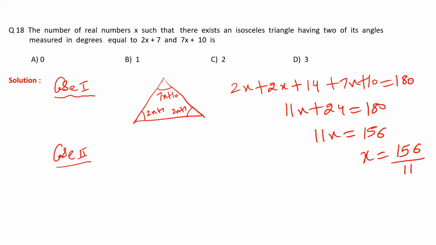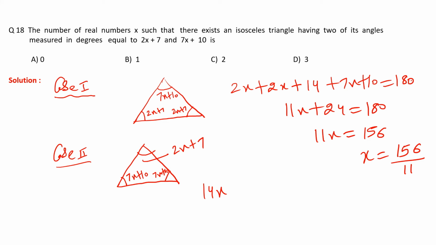Now, the second case can be when both of the equal angles are 7x plus 10, and the third angle is of the measurement 2x plus 7. So you will have to solve this equation and check the range for the angles. It should not happen that some angle exceeds 180 degrees or that we get two angles more than 90 degrees, because such cases are not possible.